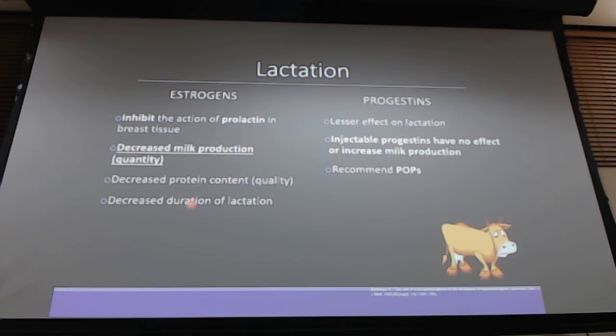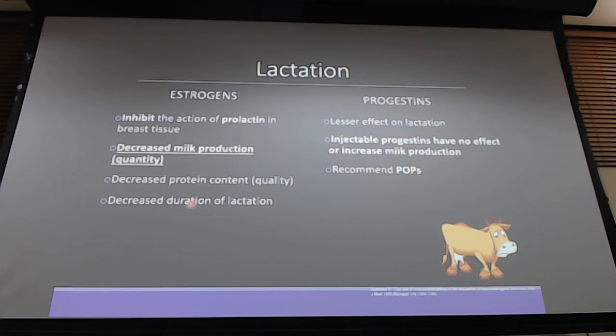They will try to do several things to get their supply back up, but because they have that estrogen, it's battling against it and it's not going to work. So please make sure that you are being educated, because they may no longer go to OB and they will be coming to you. If I see my breast milk production go down, I'm stopping whatever I'm taking because I'm trying to feed my child.